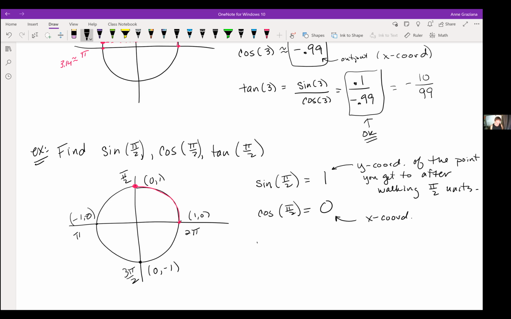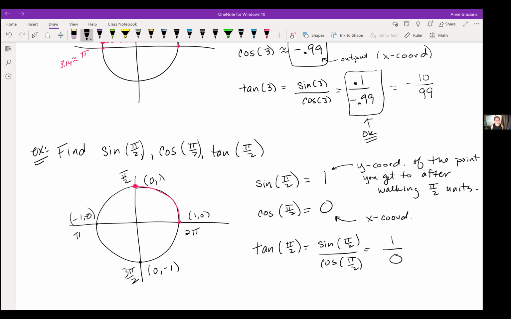All right, now tangent. Tangent of pi over 2 is sine of pi over 2 over cosine of pi over 2, which is 1 over 0. And you should be going, uh-oh.